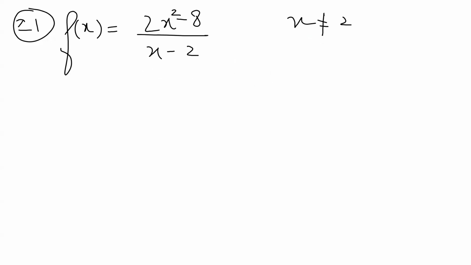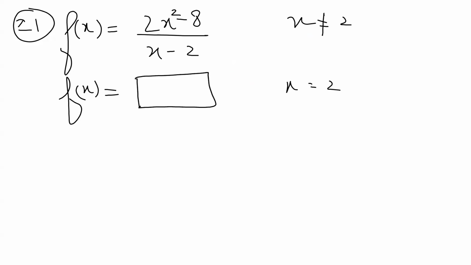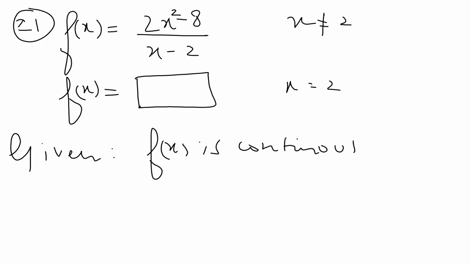And when x is equal to 2, what should be this value is what they are asking, such that f of x is continuous at x is equal to 2. See, read the question multiple times.